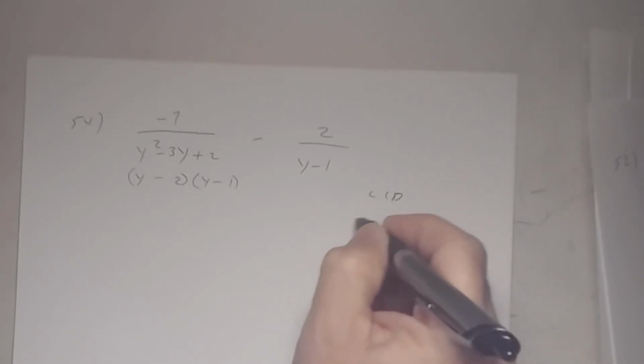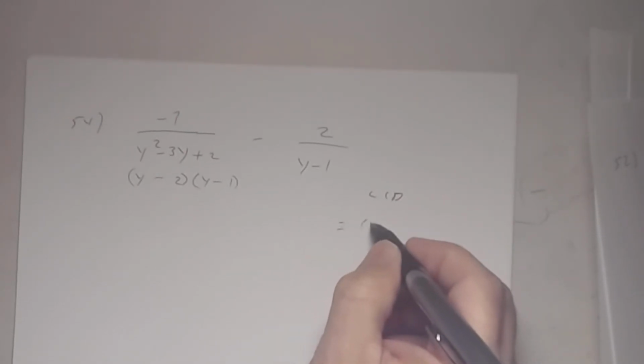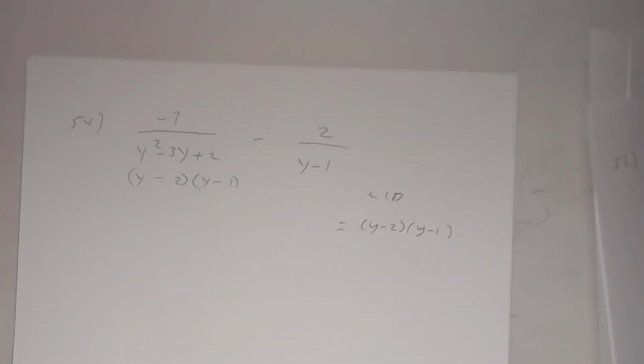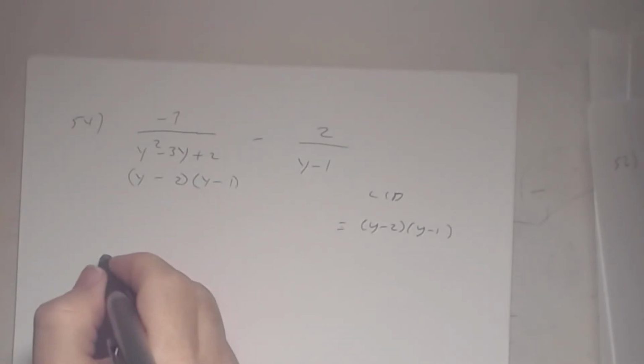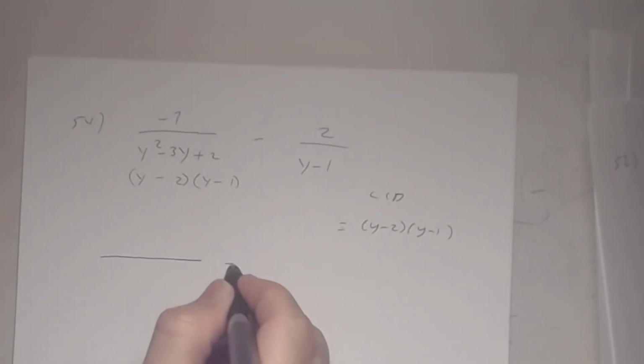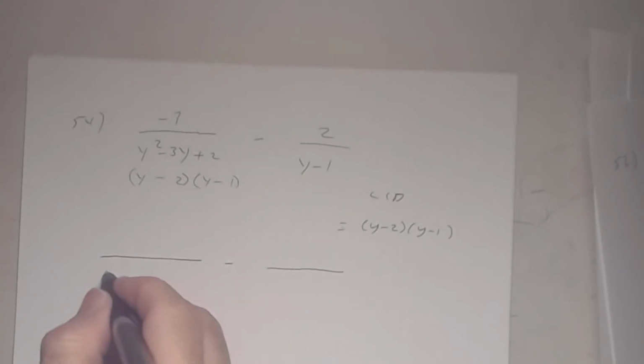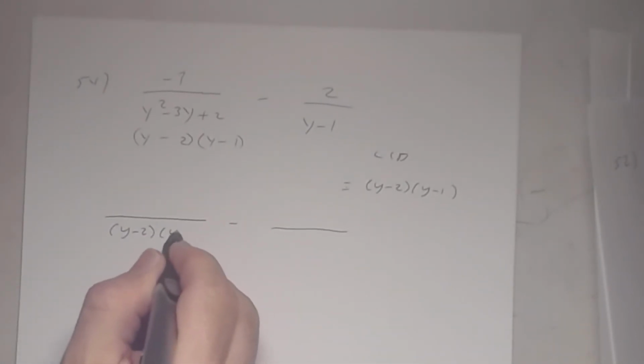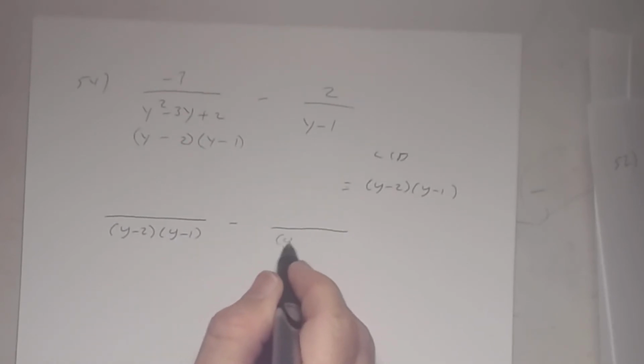All right, now tell me what the LCD is. y minus 2, y minus 1. Okay, what's the next step? You write it out, and then do the equivalent fractions. So my denominator is going to be the LCD, y minus 2, y minus 1.